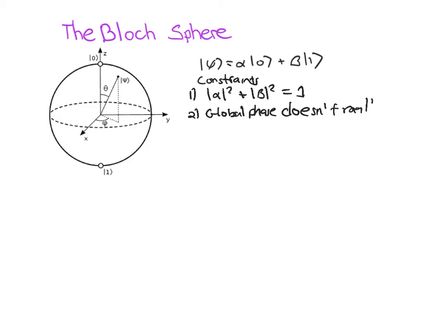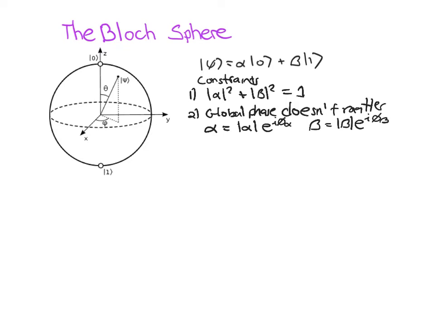So what do I mean by that? Well, you can express any complex number in polar form, its magnitude times e to the i, and then I'll call the phase angle here phi sub alpha. And similarly, the complex number beta you can write as the magnitude of beta times e to the i phi sub beta.